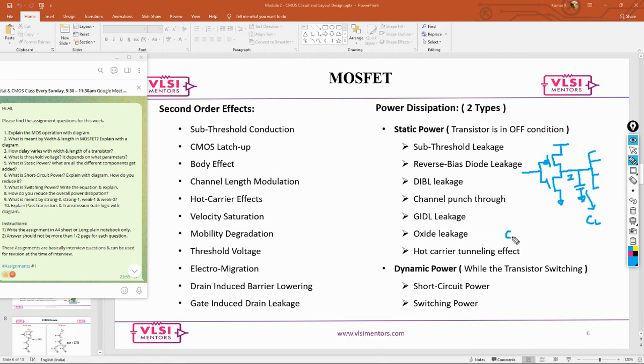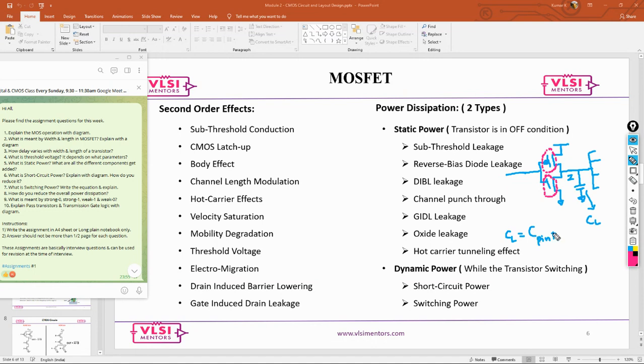Now C load. The C load is basically C pin, the pin capacitance of all these guys. So this pin capacitance and this pin capacitance. So all the C pins, you have n number of fan outs, and all of them would be added here.